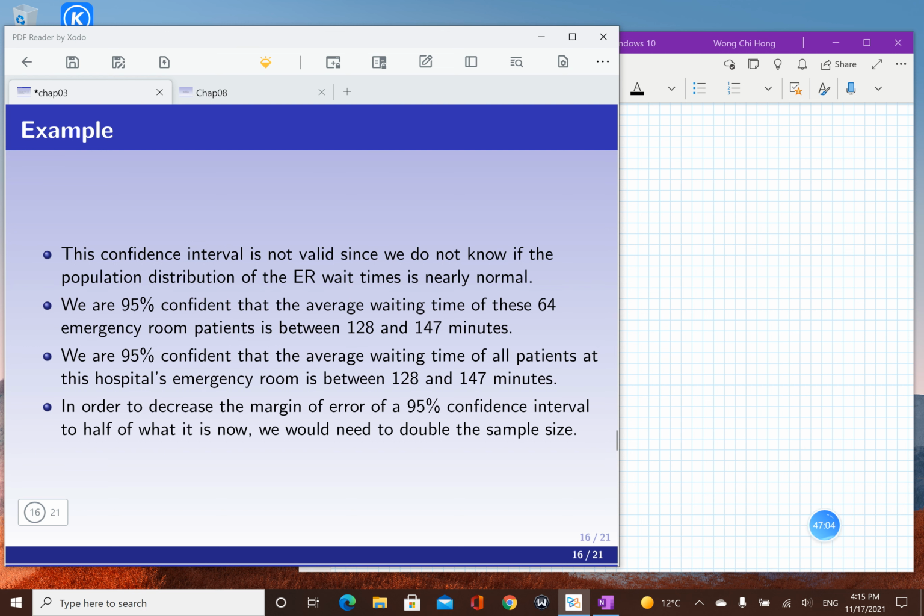I don't know why people think that, but there's no reason why these things should be directly proportional. So if you double the size, then you have half the error? It doesn't work like that. But we do know the general idea is true: if you increase the sample size, we're going to reduce the margin of error, but not exactly in that sort of way.